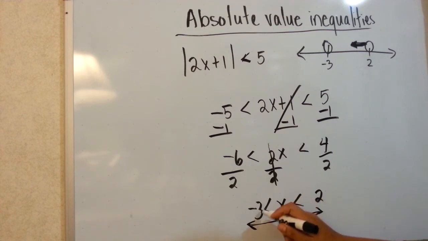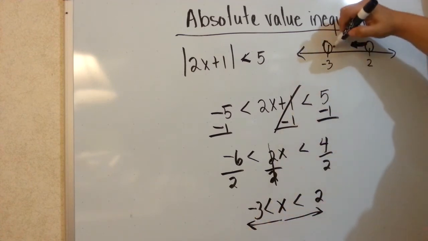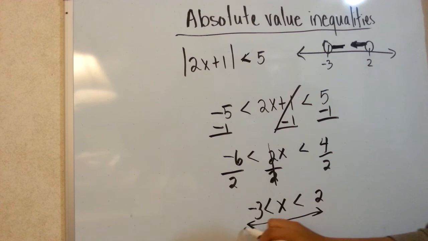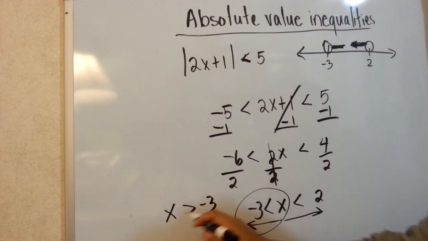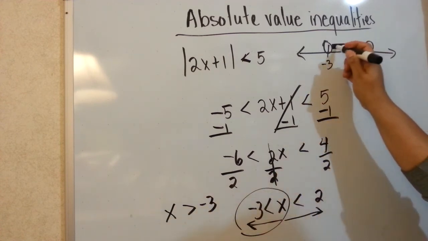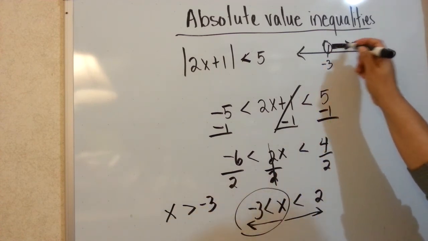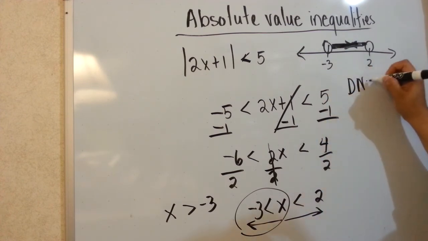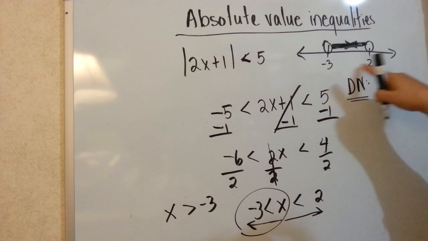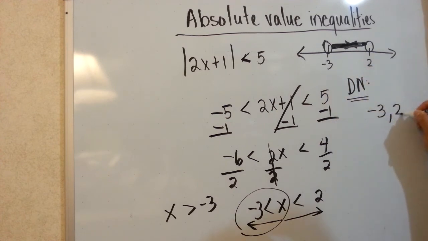X is greater than negative 3. And if you don't want to read that, remember we can flip this, but you have to flip the sign: x is greater than negative 3. So it goes this way, and they meet in the middle. And that's how you would graph it. And if you want domain notation for this one, it starts at negative 3, ends at 2, and they're both open, so they both get parentheses.